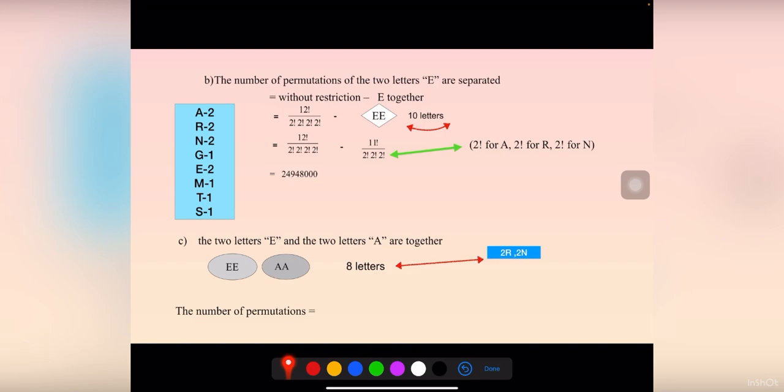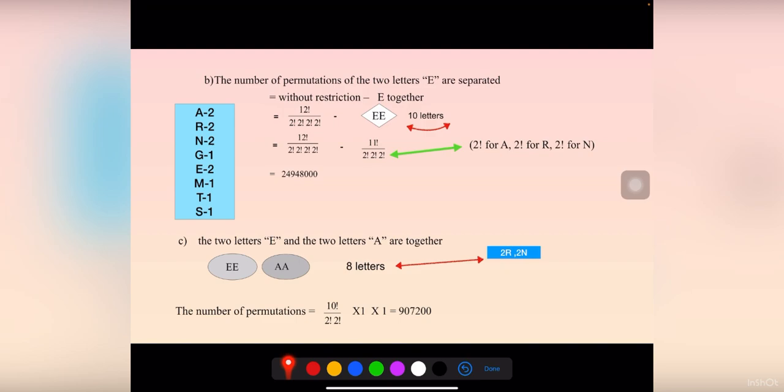This is 8 objects, plus the EE block as 1 and the AA block as 1, so 10 factorial over 2 factorial times 2 factorial for the 2 R and 2 N inside the 8.